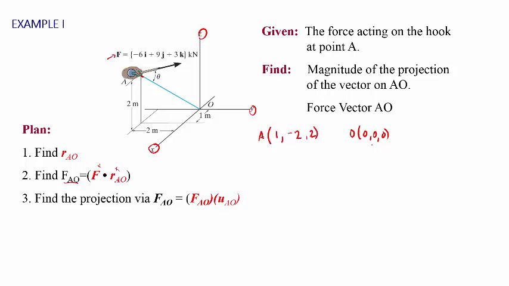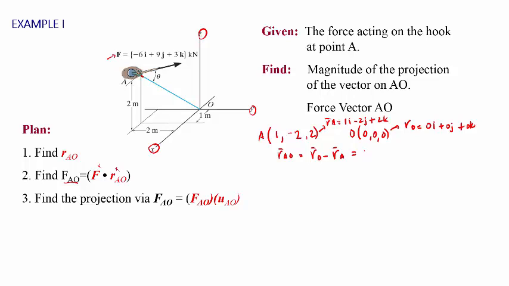So when I look at my vector from A to O, then it's RO minus RA. And this is important to write because this can be a game changer. So RO minus RA. So here RO would be 0I plus 0J plus 0K. And then here my RA would be 1I minus 2J plus 2K.